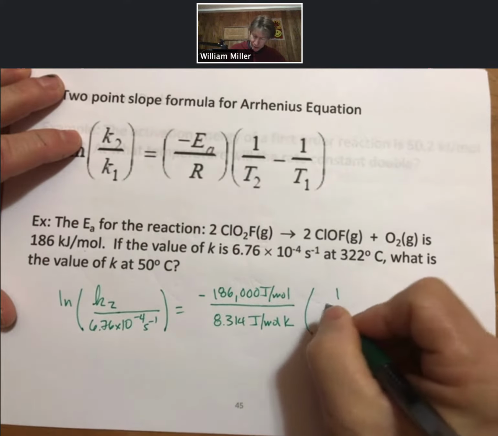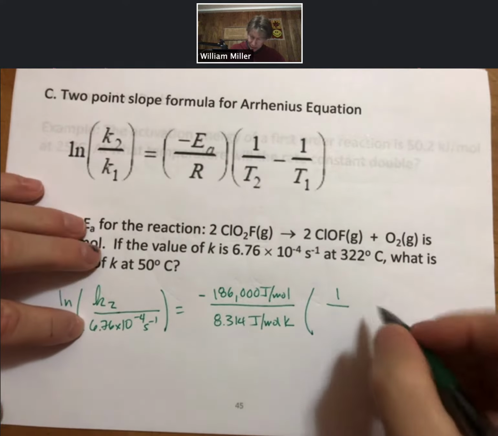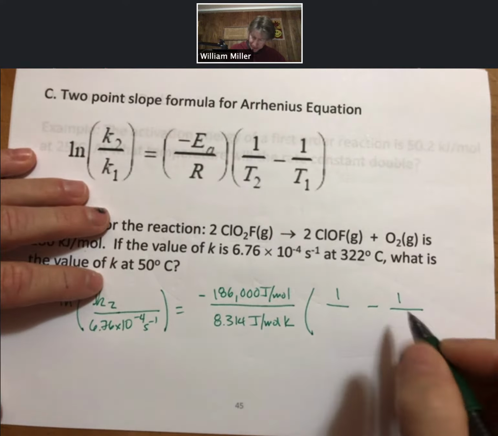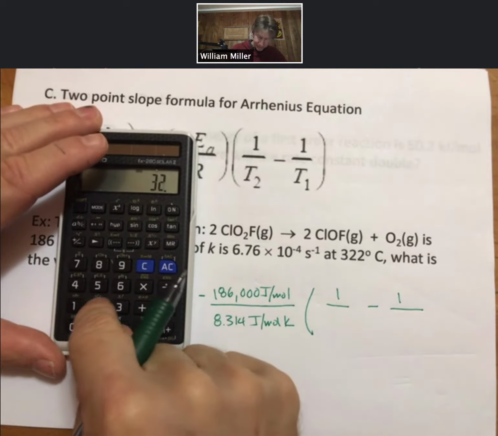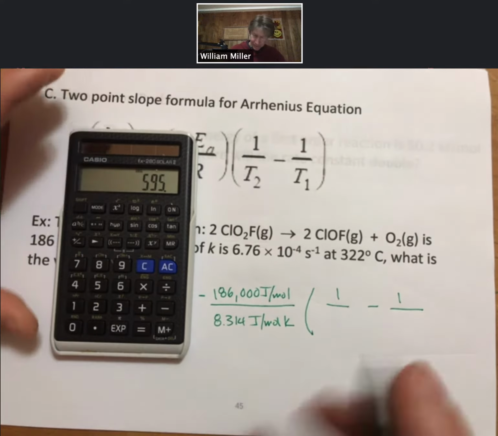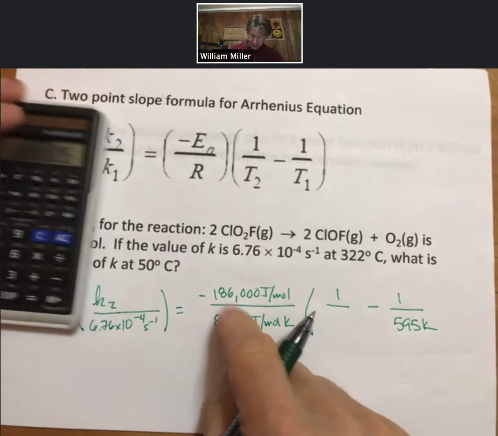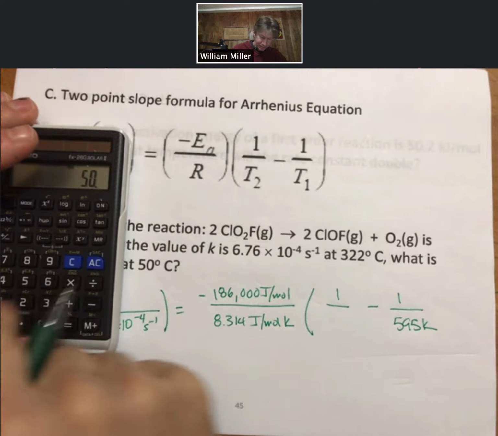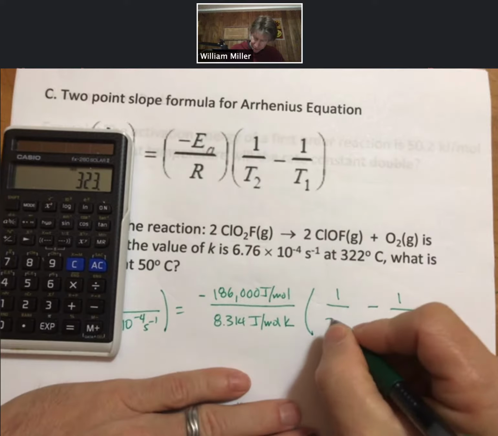And then 1 over, let's see, T1 is going to be 322 degrees Celsius. I get 595 Kelvin and 50, 323 Kelvin.